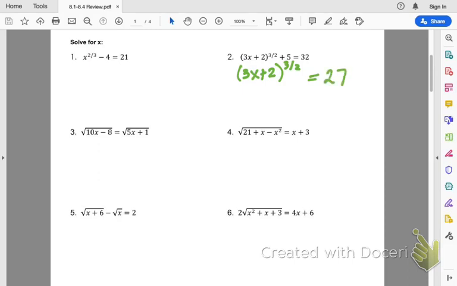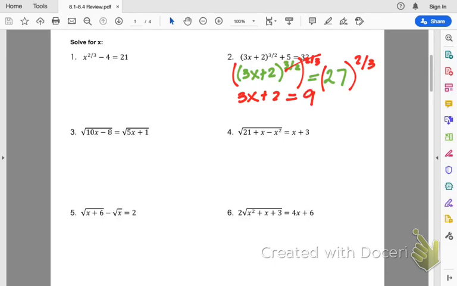In order to get rid of the 3/2 power, I'm going to raise it to the 2/3. So then these will cancel and just become 1. So on the left, that leaves me with 3x + 2. On the right, when I'm doing a rational exponent, I'm going to do the denominator first. So I want to take the cube root of 27, which is 3, and then 3 squared would be 9.